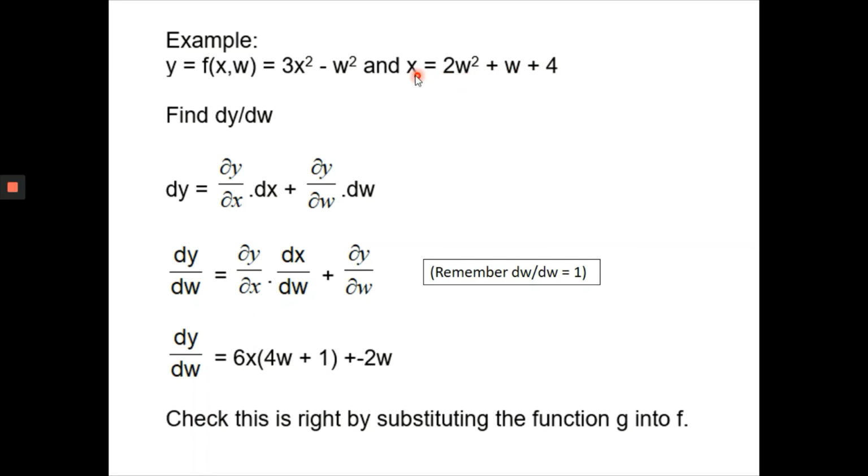So we need to differentiate with respect to w. Using the power function rule, we'll end up with 4w plus 1, right? 4 is a constant, obviously, so that would be 0. So 4w plus 1. We go down here, we see 4w plus 1. So that is this here.